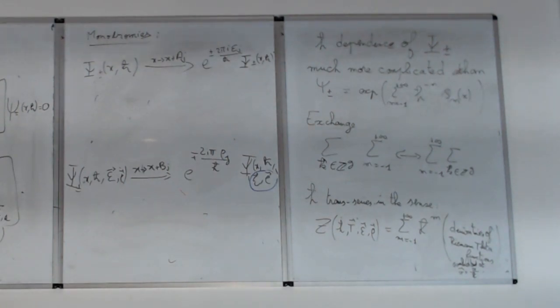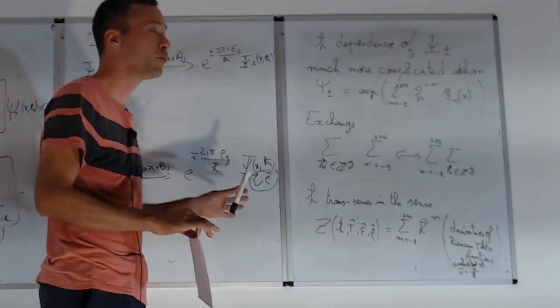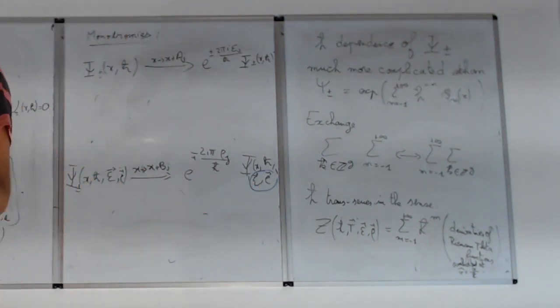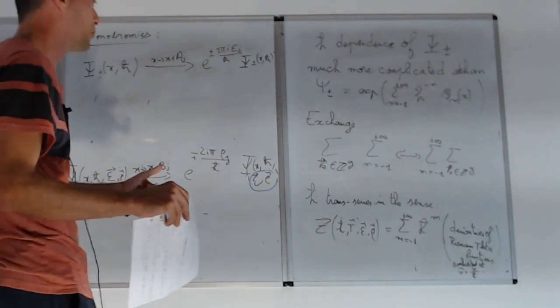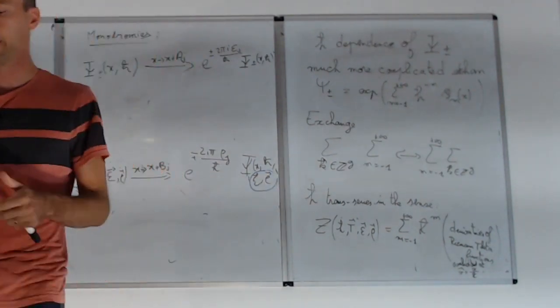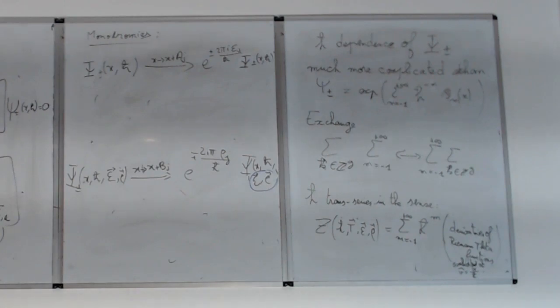I won't use it much, but all equalities that we will write down have to be understood as equalities between h bar trans-series. Before it was equalities between WKB series, and now this has to be understood as equalities between trans-series. This is just a technical aspect.